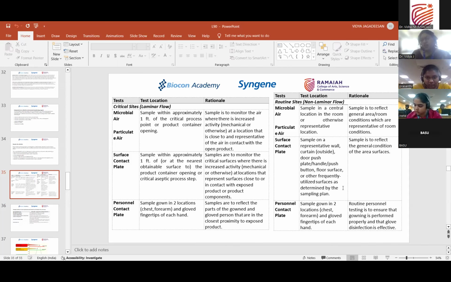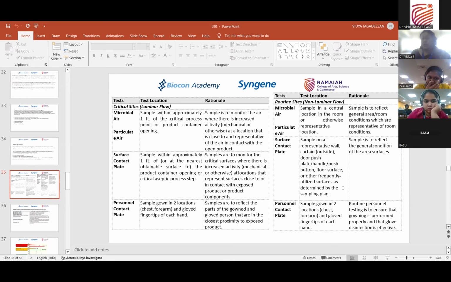Any area that you keep coming in contact with, for example the tabletop that you work on, the product containers, the processing unit, all those are surface contacts that you need to check for contamination, because these are the areas that are frequently getting exposed. These frequently exposed areas are the ones you have to keep checking very often.